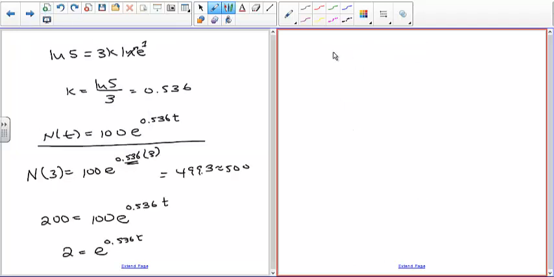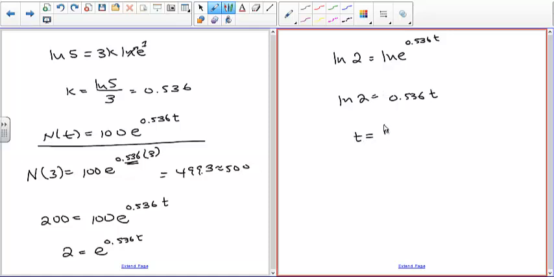So now, again, I can take the natural log of 2, and that's equal to the natural log of e to the 0.536 times t. So what happens on the right-hand side is when you take the natural log of e to something, it just becomes that exponent. That's because the natural log and the natural exponential are inverse functions of each other.